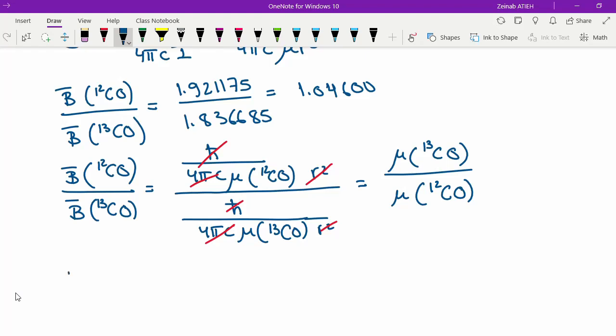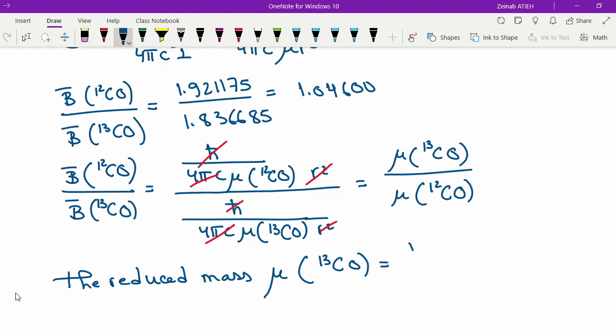The reduced mass mu for C13O is equal to the mass of C13 multiplied by the mass of O, over the mass of C13 plus the mass of O. Remember, the mass of O is given, we are searching for the mass of C13.